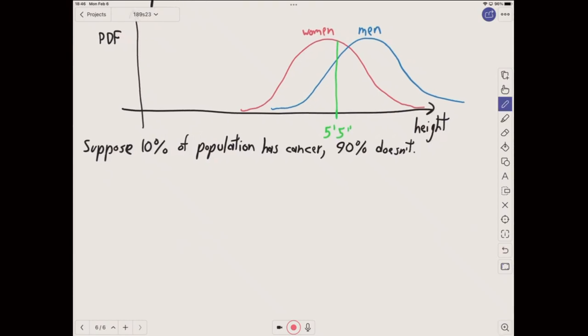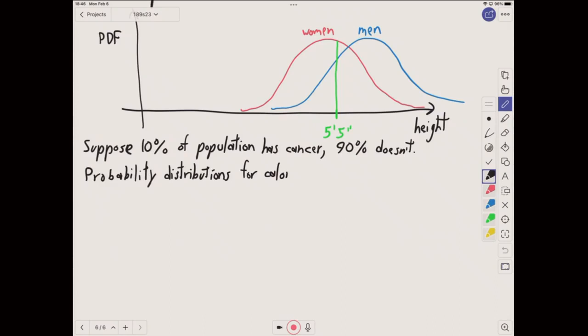Now, suppose that I make a table of probability distributions for the calorie intake of two types of people. We'll look at the calorie intake of people who have cancer and the calorie intake of people who don't have cancer. And we will think of these probabilities as P of X conditioned on Y. X is the number of calories per day that someone is eating.